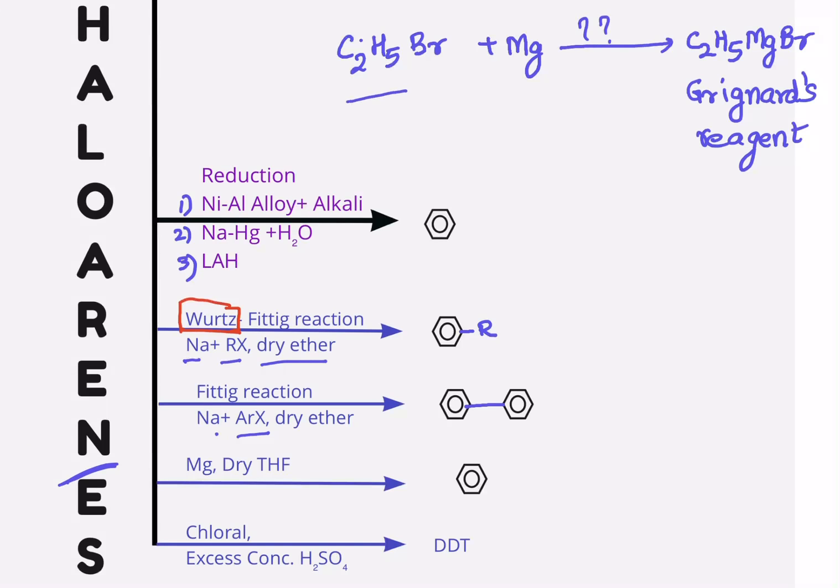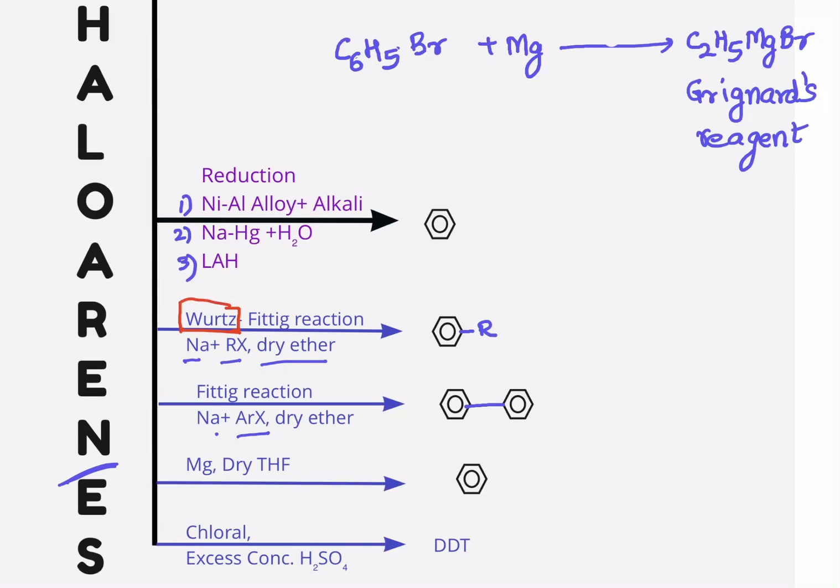We are going to extend the same reaction to aromatic halides and we will have C6H5Br, right? So aromatic halide, we need a solvent for it.